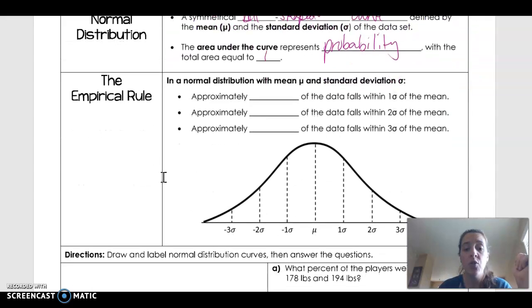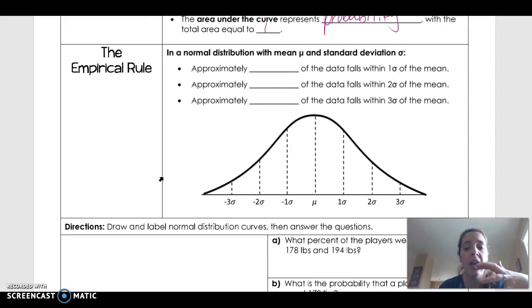Now let's look at our normal distribution curve. This is something you are definitely going to need to write down and refer back to. Here in my curve, I see that my mean is right in the very center. It's the highest part of my data. From here I'm using standard deviation.